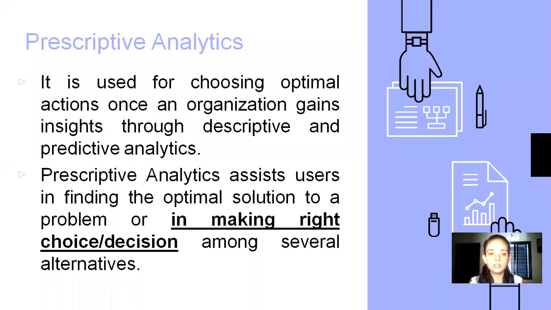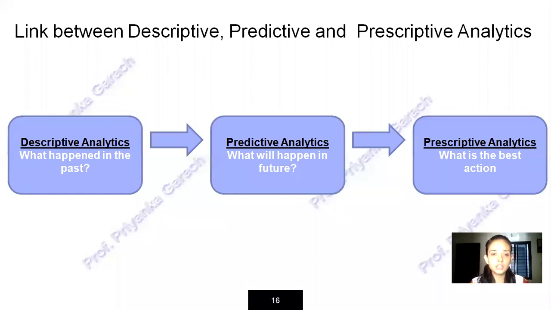Now next comes prescriptive analytics. It is used for choosing the optimal actions. Once again, the organization gains insights. It is used in making the right choice and decision. So what is the link between descriptive, predictive, and prescriptive analytics?